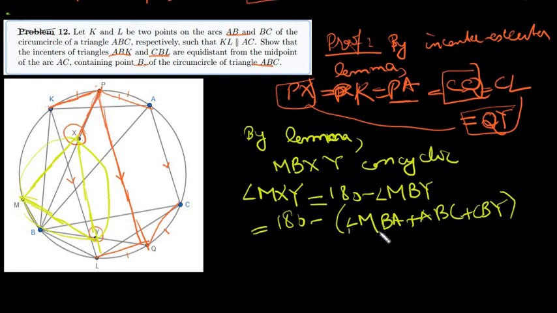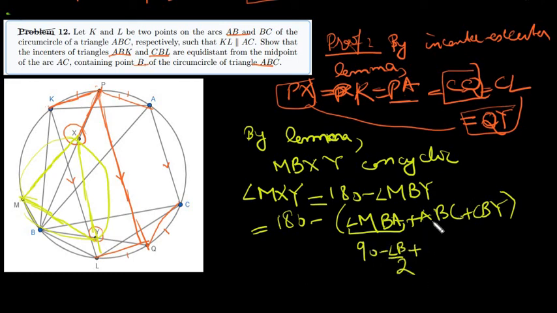So what do we know about MBA? Well, this is the same angle from the previous question. This is equal to 90 minus B over 2. We just did that. We saw why, if MB is essentially the external angle bisector of this angle ABC, we know that MBA is equal to 90 minus angle B over 2.